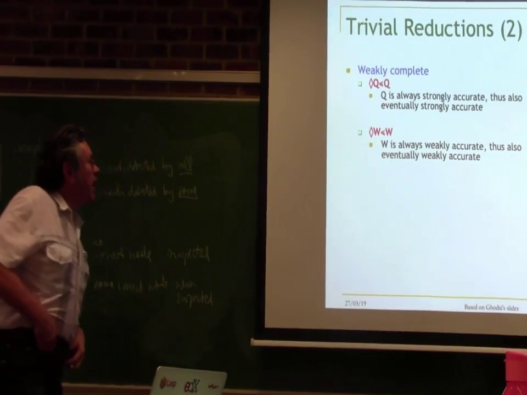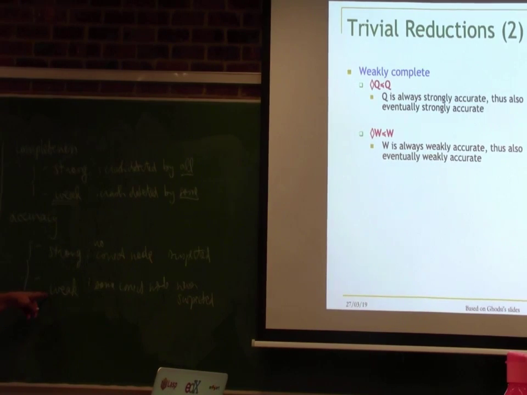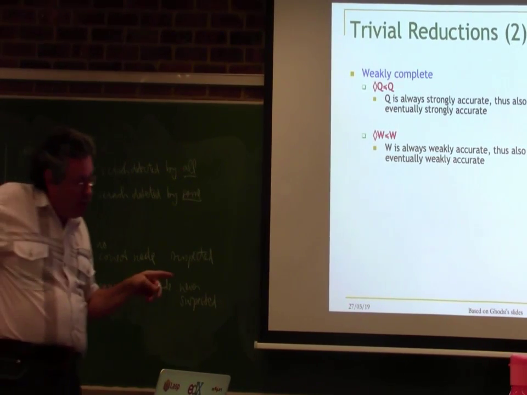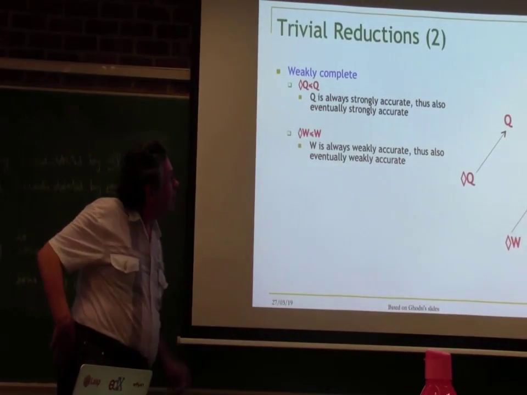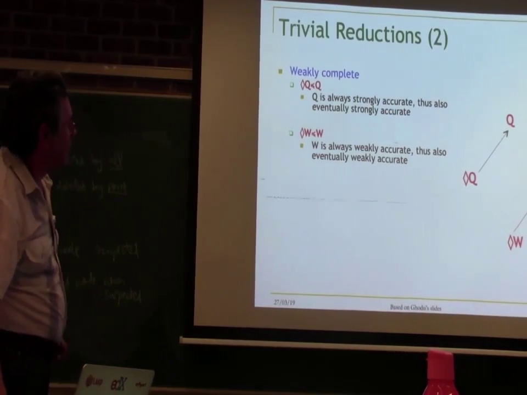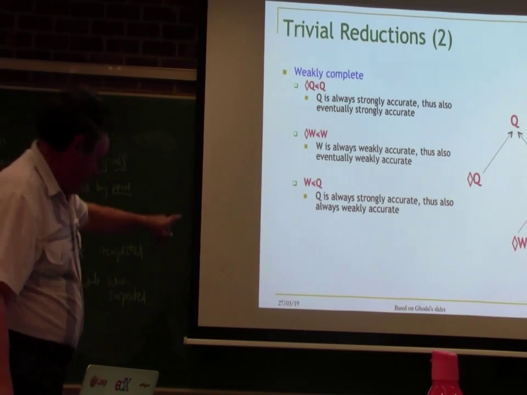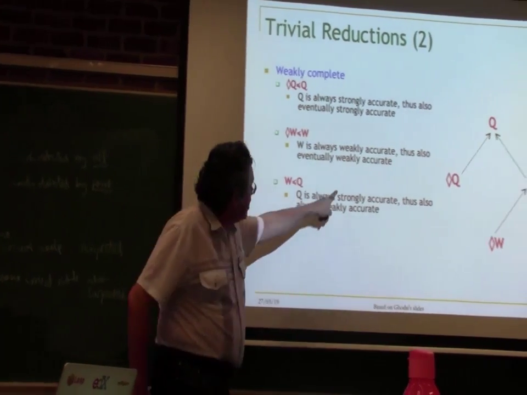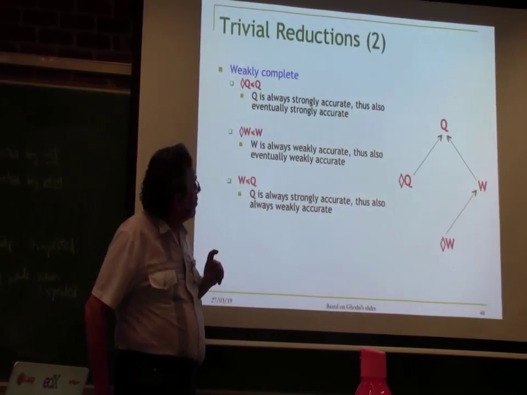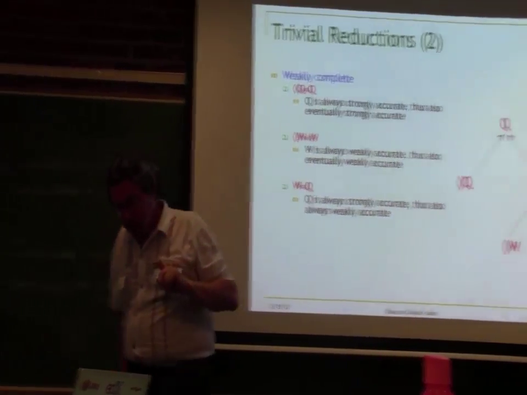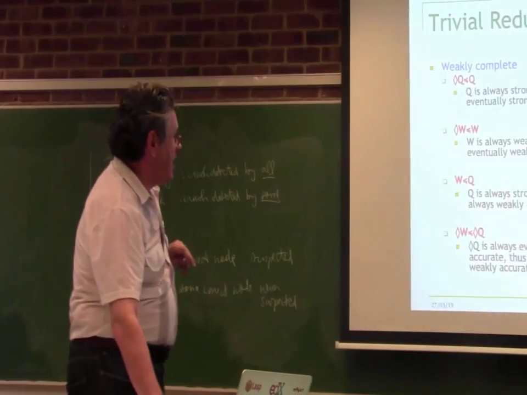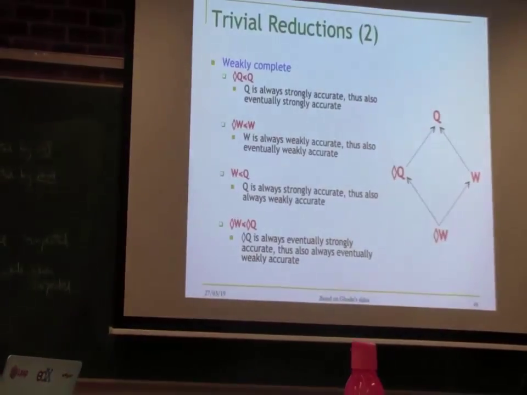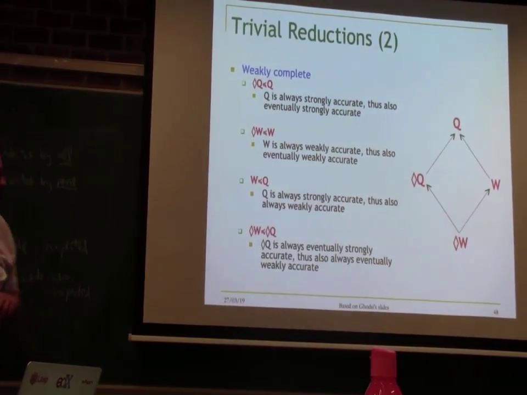And the eventually weak accurate makes mistakes with respect to everybody, but eventually it stops making mistakes with respect to one guy. Okay? So you can also make reductions between strongly accurate and weakly accurate. Okay? And you can make reduction between eventually strongly accurate and eventually weakly accurate. It's an interesting game, huh?